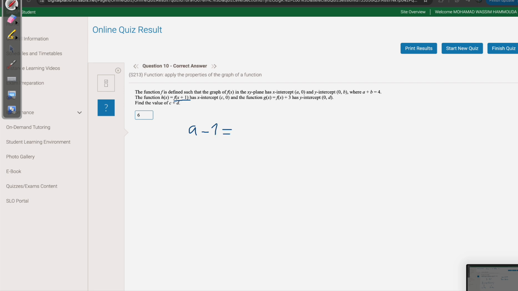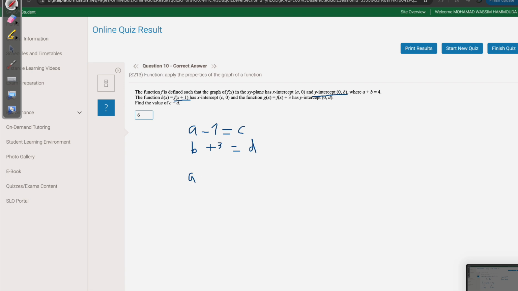is equal to c. And the function g of x is equal to f of x plus 3 has y-intercept (0, d). And here they're affecting y, and they said here the y-intercept is (0, b). So b plus 3 is equal to d. And then we just add up and down.